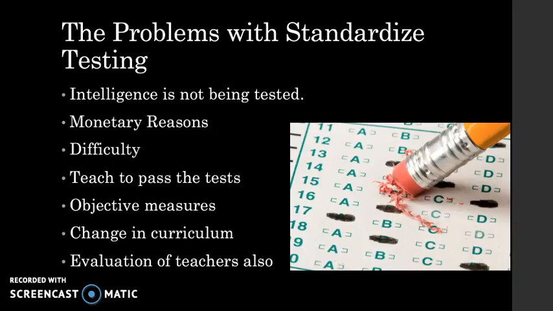And then another thing about this is the objective measures that they're trying to teach. There's no wiggle room with that. It's either it is or it isn't. And these tests are too objective. It's too broad. They need subjective tests. They need specific things. It's just science, reading, math for the most part, and there's a lack of creativity.